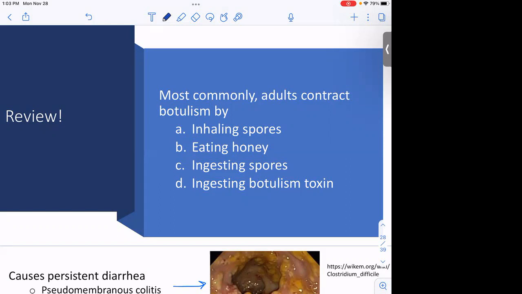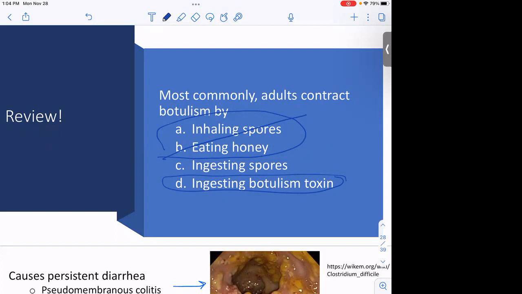Right, so remember, it's the babies that get botulism by either inhaling the spores or eating the honey. Okay, so that's the babies. So how do adults get it? Typically, if we ingest spores, that maybe a couple of times has ever caused disease, if somebody was immunocompromised or didn't have a kind of a fully functional digestive system. Most often, if adults get it, and it's very rare, it's by ingesting the toxin.